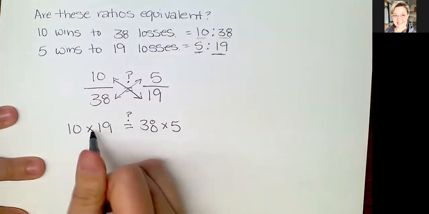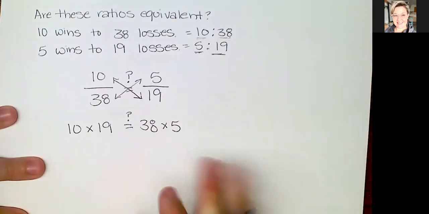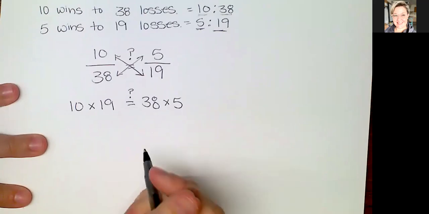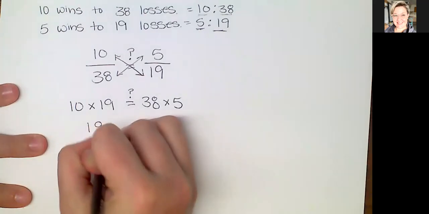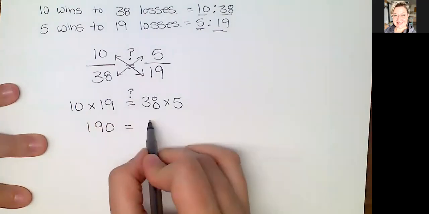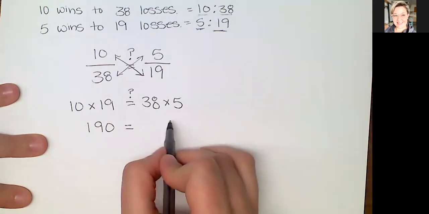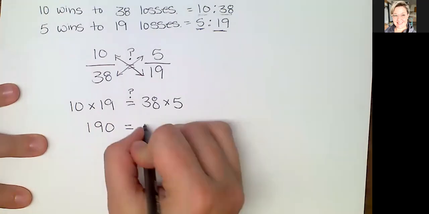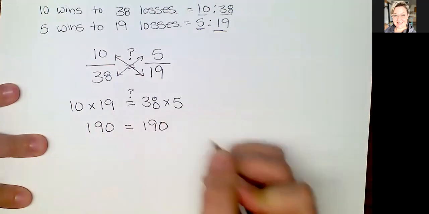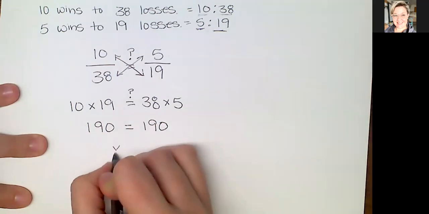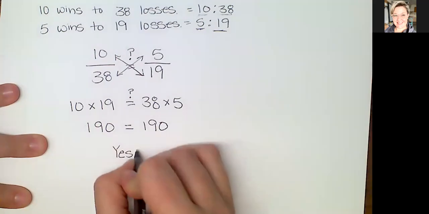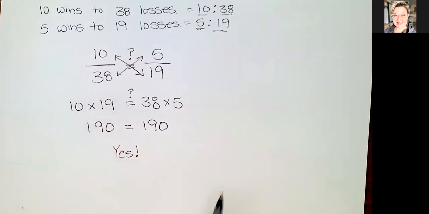Well, 10 times 19, and you can use your calculator if you want to, 10 times 19 is 190. Then we can use our calculator. 38 times 5 is also 190. So we can say, yes, they are equivalent. So the ratios are equivalent. And that is how you go through and decide if those ones are equivalent.